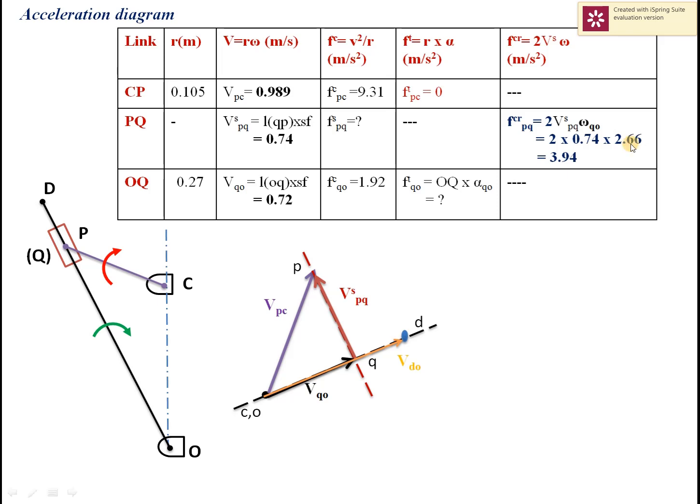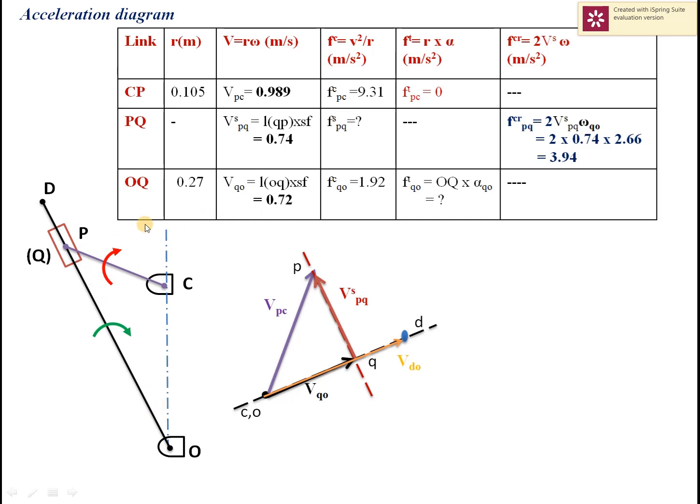So this is equal to 2 into the sliding velocity 0.74, which we have determined from the velocity polygon, into 2.66, the angular velocity of link OQ or OD. So the magnitude of FCRPQ is 3.94 meter per second square. So slider PQ will have two components of acceleration: Coriolis acceleration FCRPQ and sliding acceleration FSPQ.